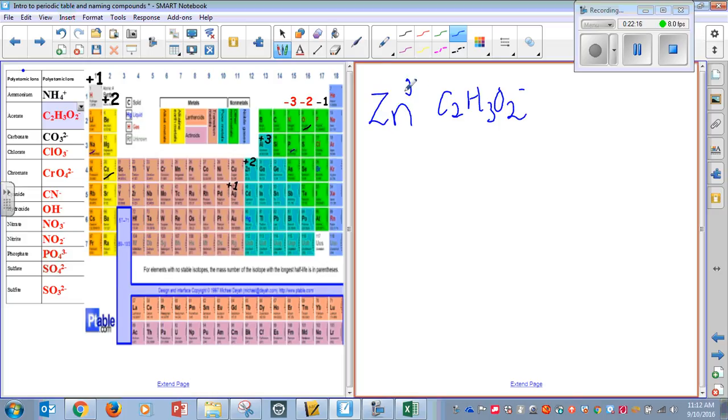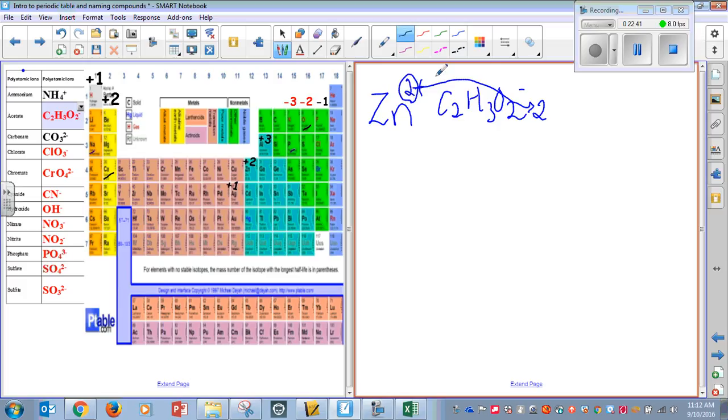Zinc is a 2 positive. Acetate is a negative 1. So you know from our last examples that I would need to take this 2 and I need to bring it over here. Well, as written, it looks like I have C2H3O2 2. So how do I avoid that from happening?